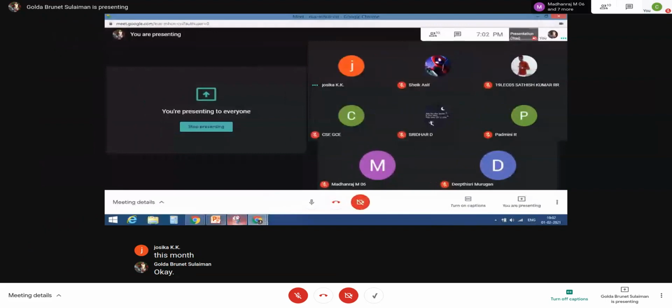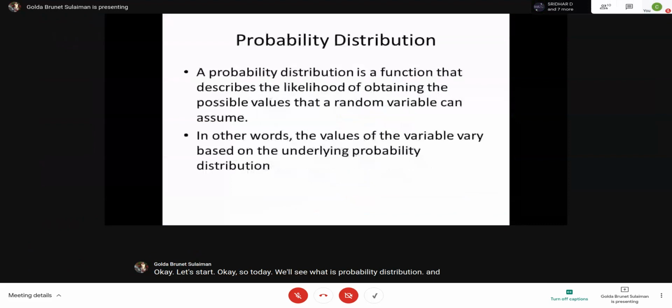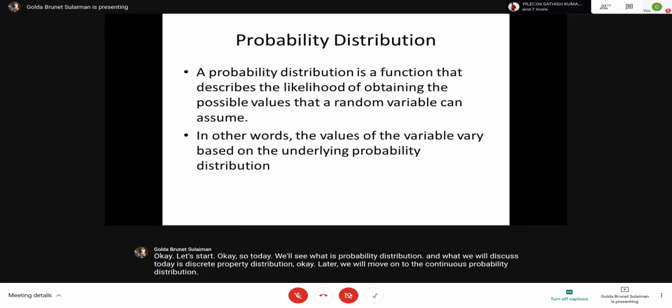Okay, so we'll start. Probability distribution. What we will discuss today is discrete probability distribution. Later we will move on to the continuous probability distribution. So what is a probability distribution?